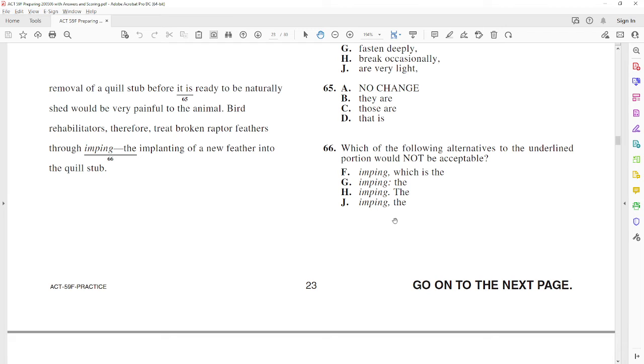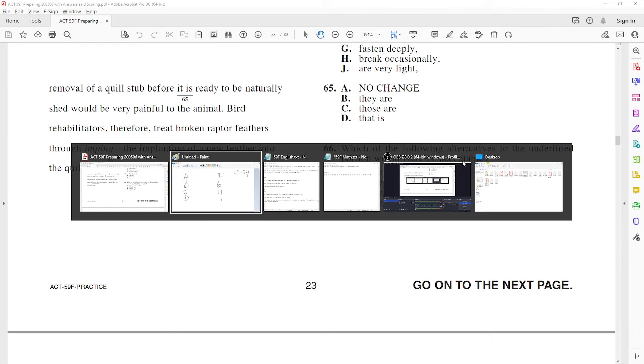The way it is written now, there's no main verb, so it can't be separated with a period. What's before it is an independent clause, what's after it is not. So the answer is H. And then J, again, the little bit of extra information, explanation of what imping is, not essential, so we can put a comma there just like we could put a dash or a colon. So the correct answer is H for number 66.